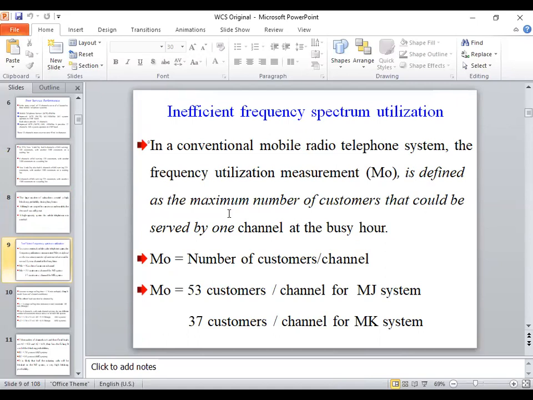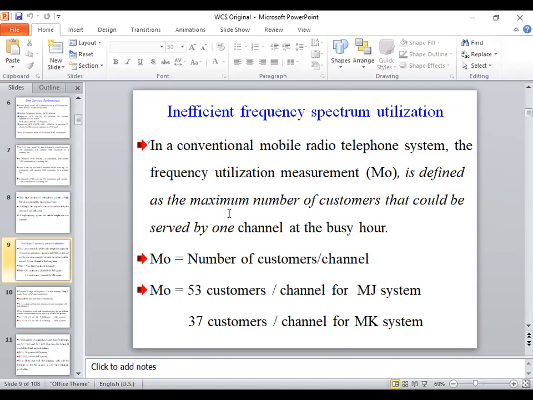In a conventional mobile radio telephone system, the frequency utilization measurement is designated by MO, and it is defined as the maximum number of customers that can be handled by one channel during the busy hour.